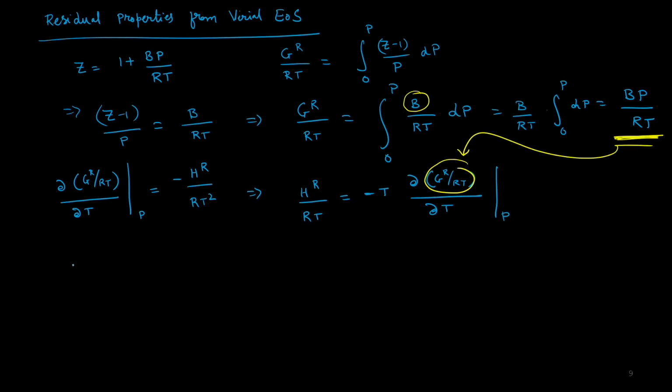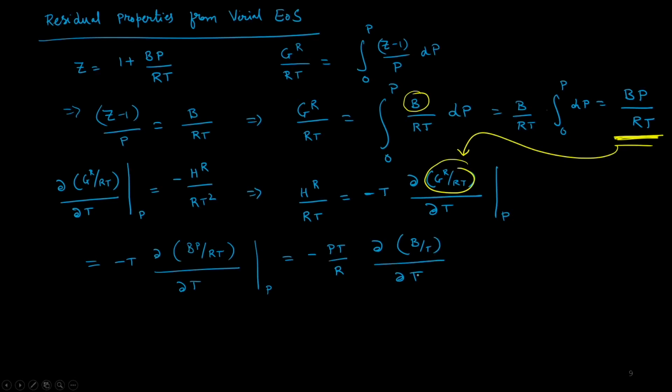What happens is negative T, the derivative of BP over RT with respect to T at constant pressure. Because P is constant, I can bring P and R out of that derivative. So it will be PT over R, and the derivative of B over T with respect to T. Pressure is constant, that's obvious, right?